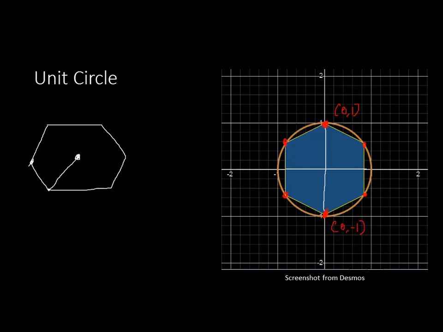So this is the center. We have 1, then 2, 3, 4, 5, and 6, right? If you rotate it by 30 degrees, this would be the result.